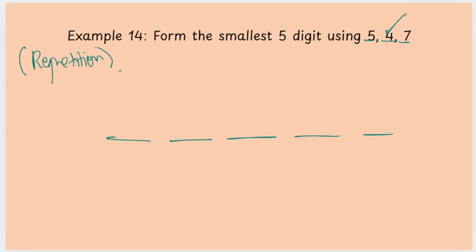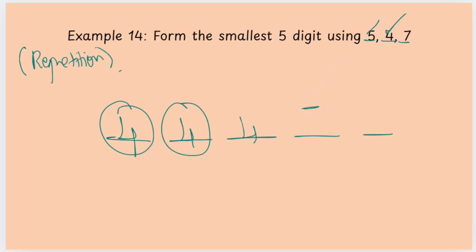Which is the smallest? 4 is the smallest. So I am going to write 4. I am going to repeat 2 times. Then next, which is the smallest? 5. Then 7. Okay. This is how you will do the repeated and non-repeated greatest and smallest number. Fine.